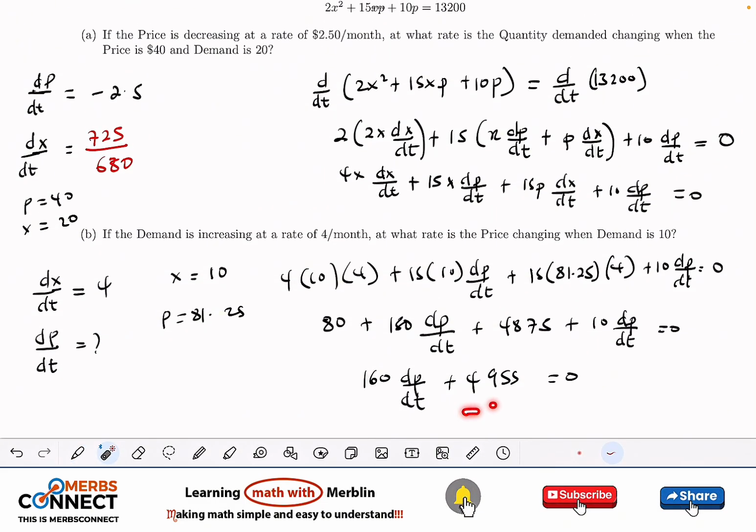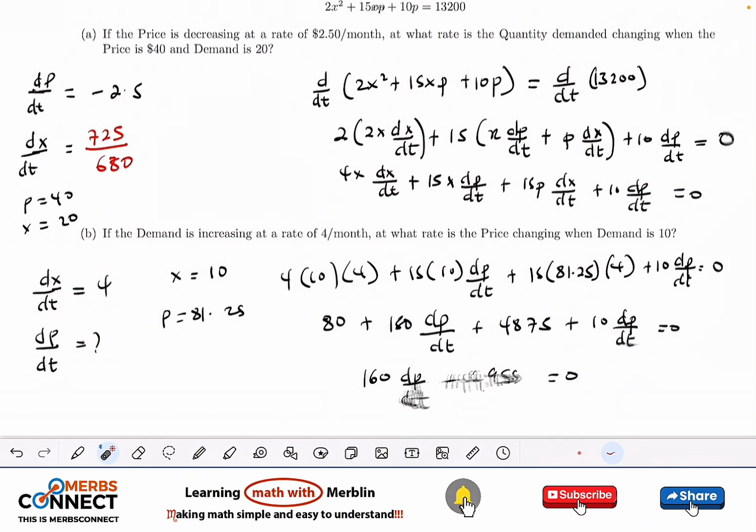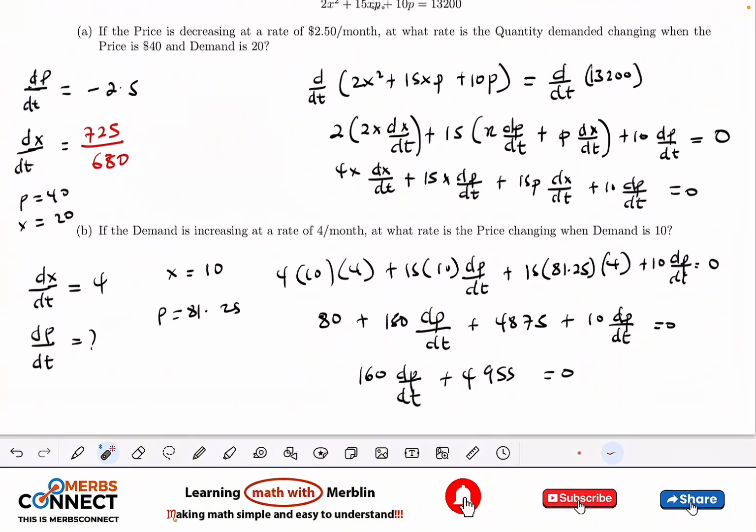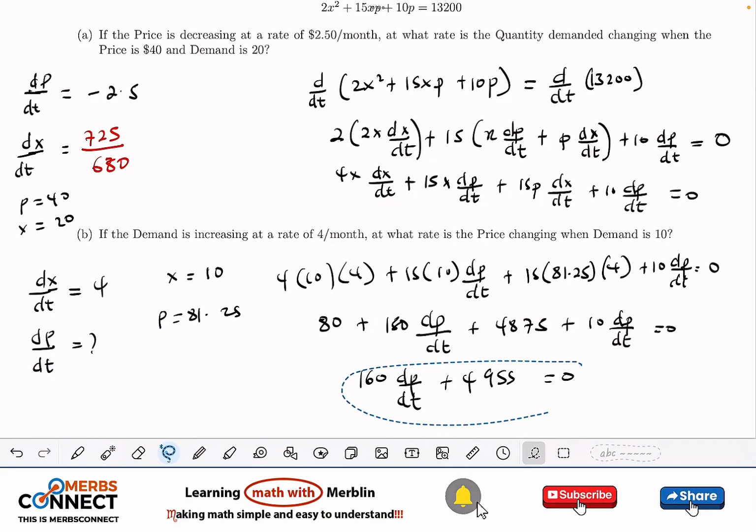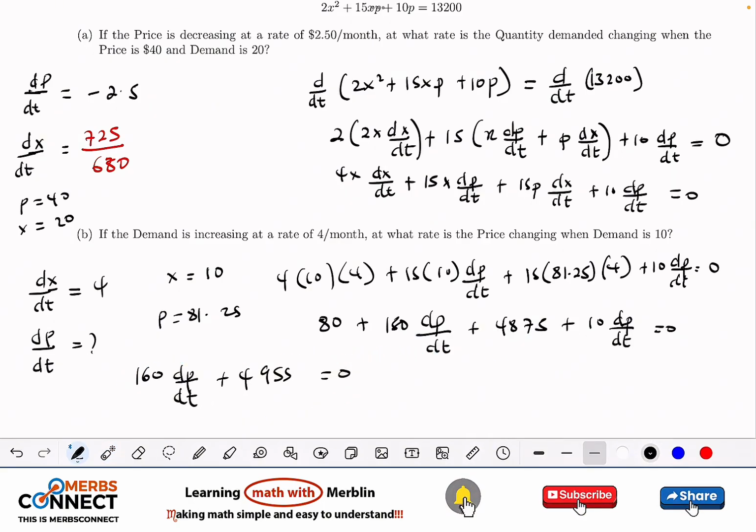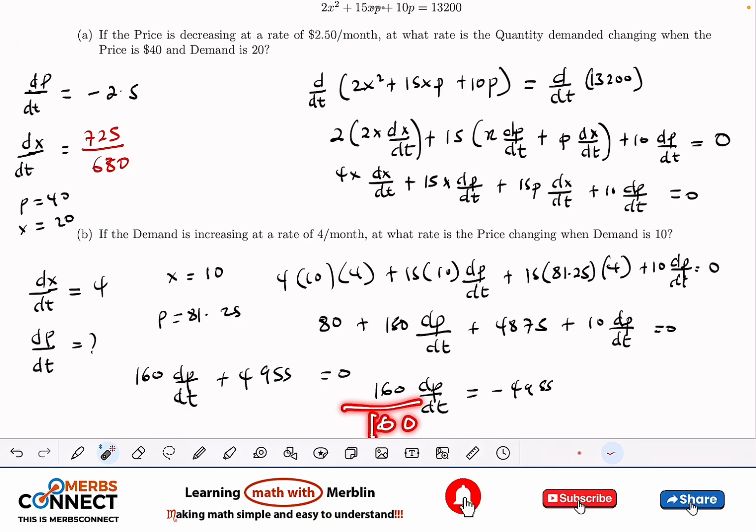I'll subtract 4955 here, 4955 on the other side. So we are going to have something like this. Let me shift this one. 160 dp over dt to be equal to minus 4955. Divide this one by 160. Divide this one by 160.